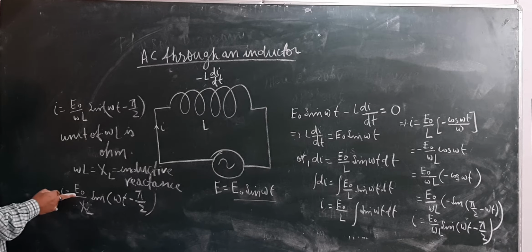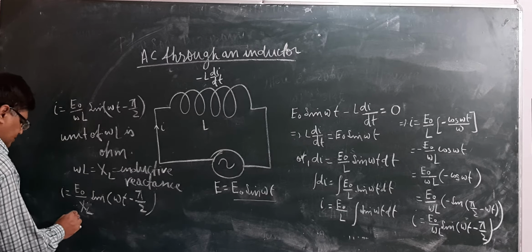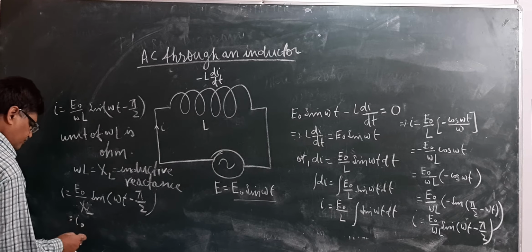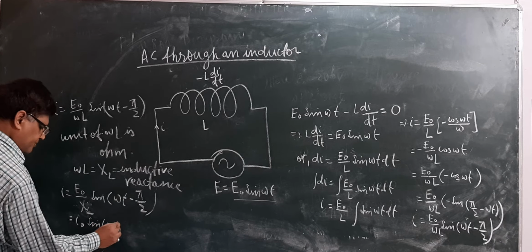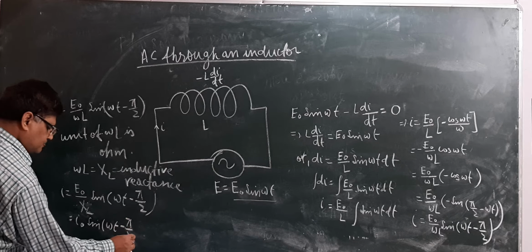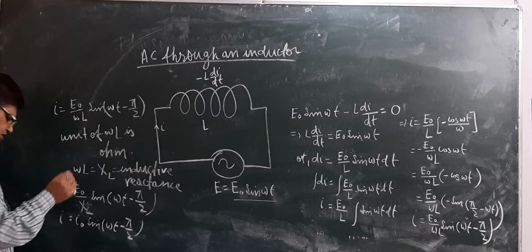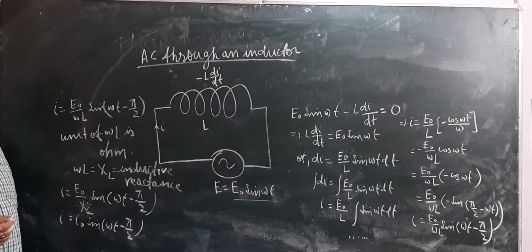Now, E naught is a constant, XL also will be constant because omega and L both are constants. So this can be written as I naught sine omega t minus pi by 2. So we have got this expression for the instantaneous current.